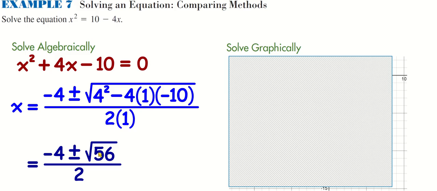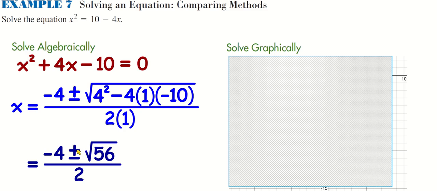But with this being the square root of 56, and I'm pretty sure it simplifies, we would technically want to keep this going. But for right now, let's not go too crazy with this example. So this is the answer, and again, there's two answers here.